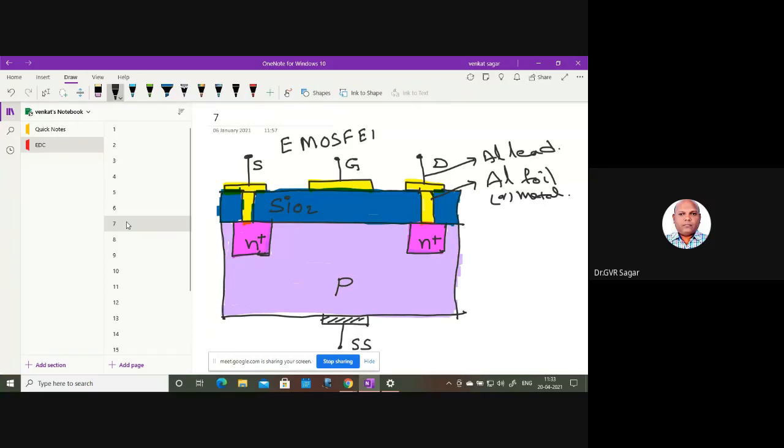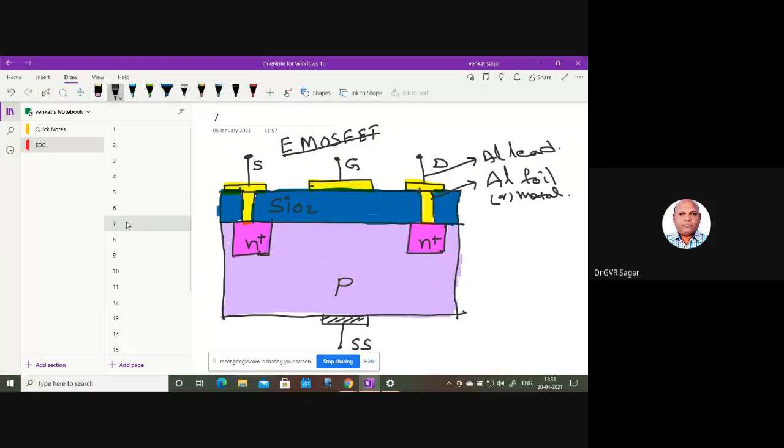In the E MOSFET also, we are doing the same thing. The P substrate is taken here. On this P substrate, two heavily doped N regions, that is, N plus regions, are placed on both sides, at the two ends of the P substrate.